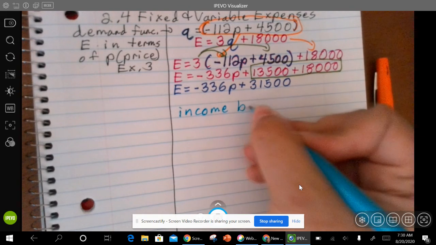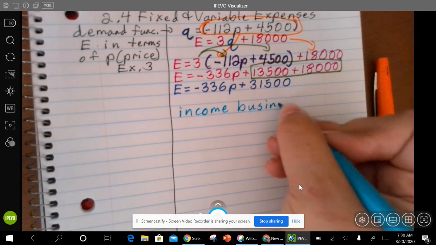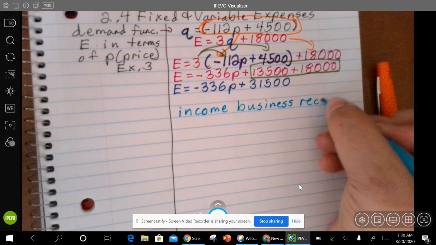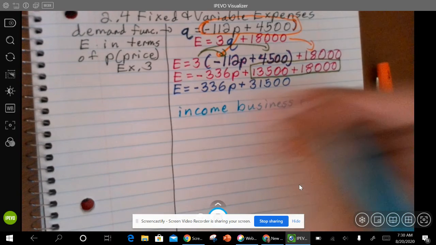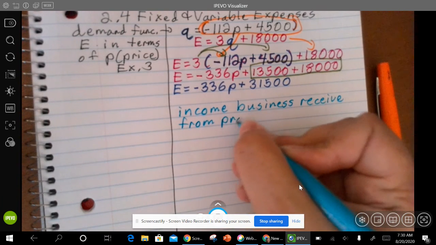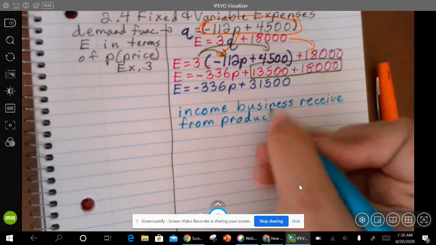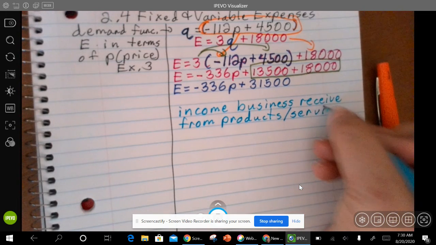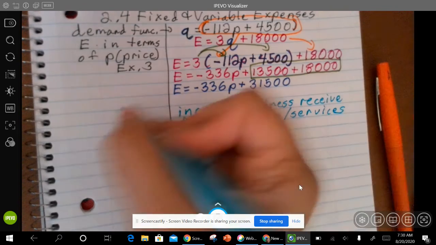So that's all their income that they're bringing in. So from all their sales, from products and services. And that's called revenue.